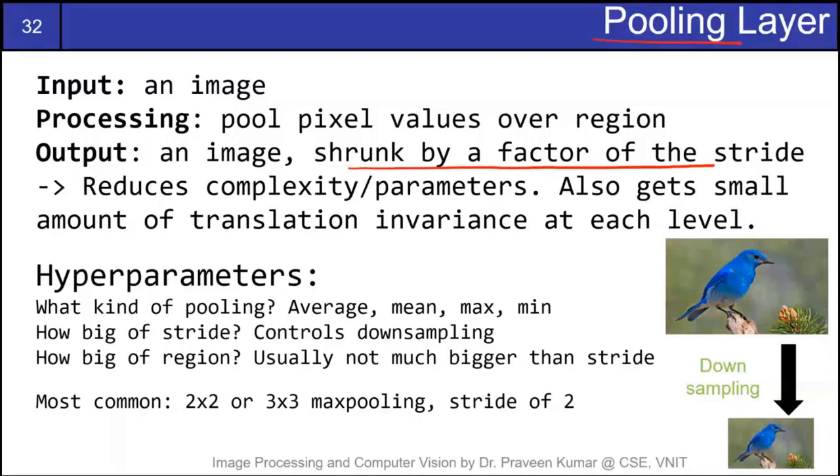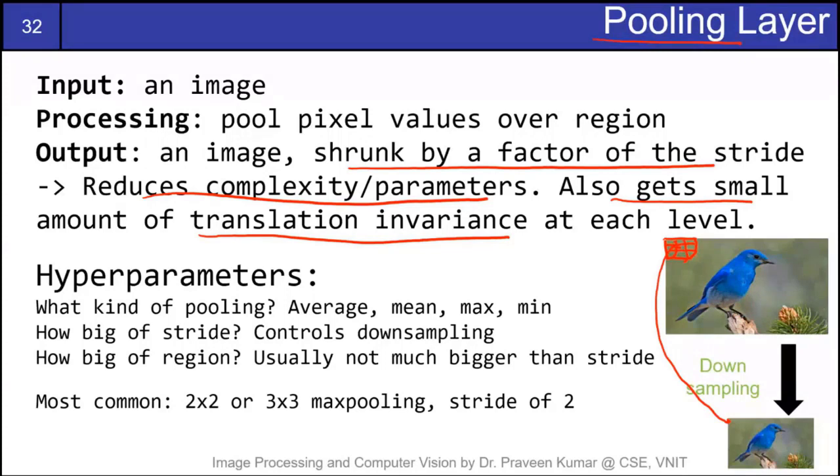It is also found that it helps in some kind of translation invariance at each level, because we are taking a local neighborhood, maybe 2 by 2 or 3 by 3 or 4 by 4, and reducing it to one value. So if your object or content is a little bit shifted in that small local neighborhood, it basically doesn't matter. So that kind of small invariance also helps.